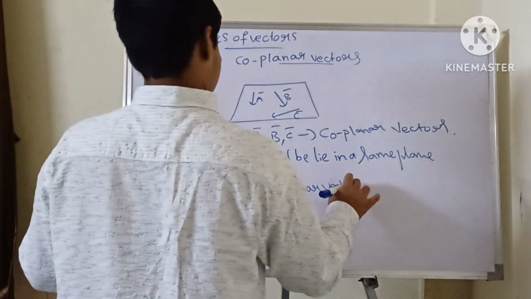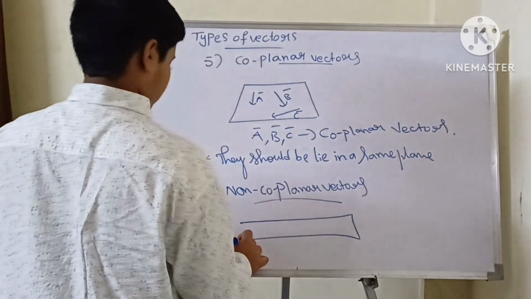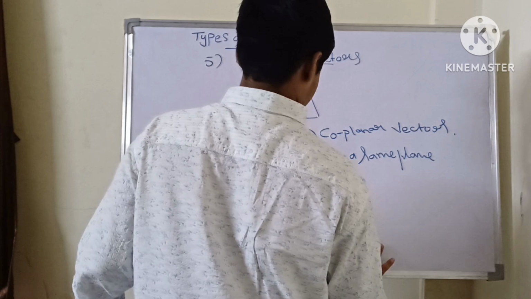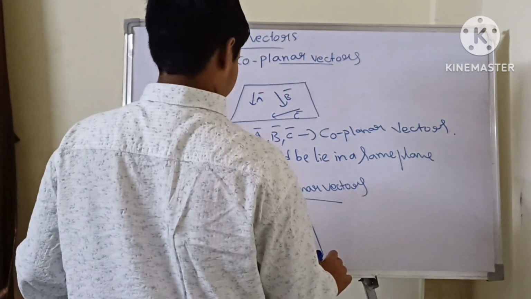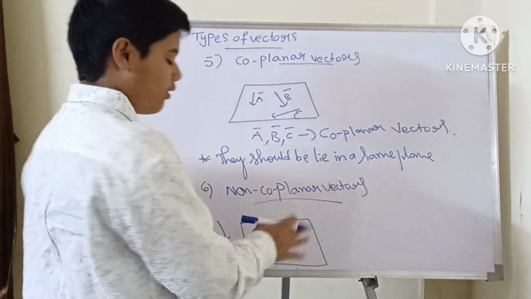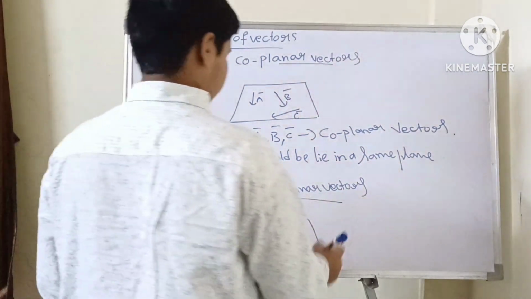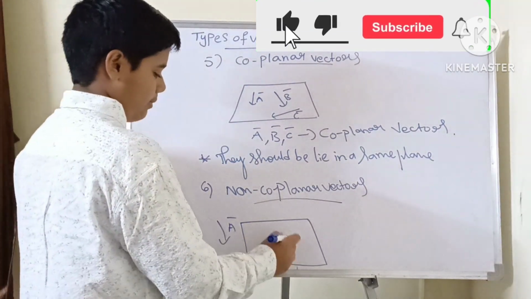Non-coplanar vectors. Here we have to take another plane. We have to draw one outside and one inside, not both outside. We draw A bar outside and B bar inside.